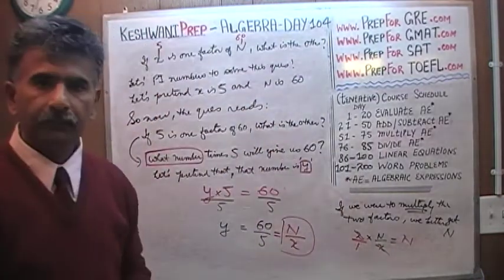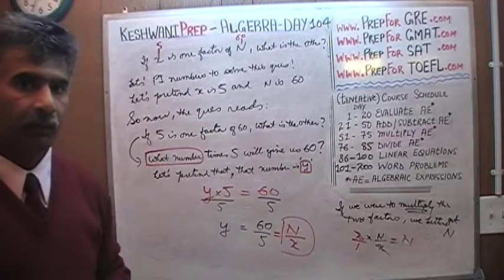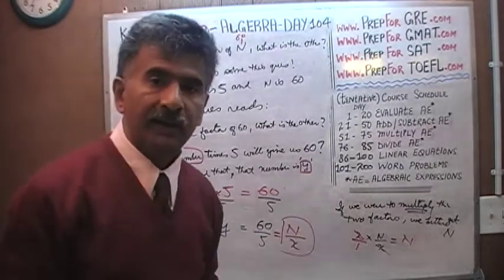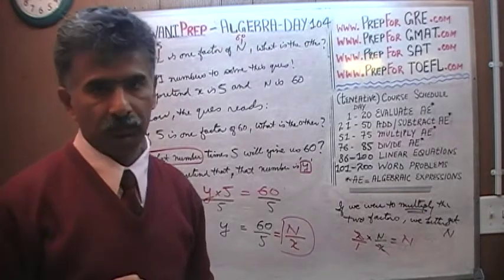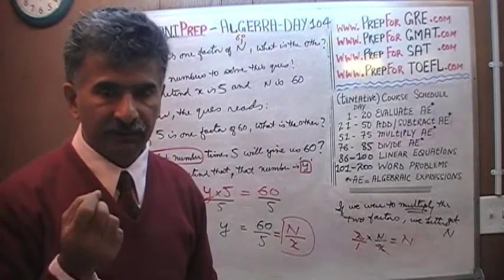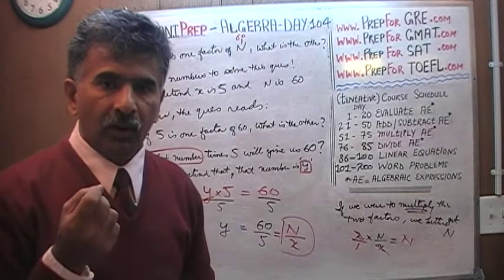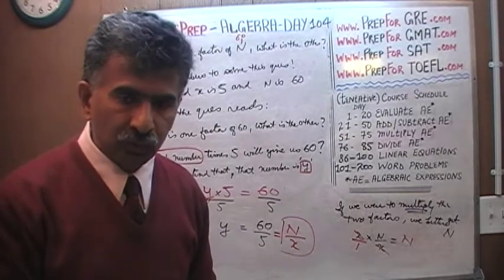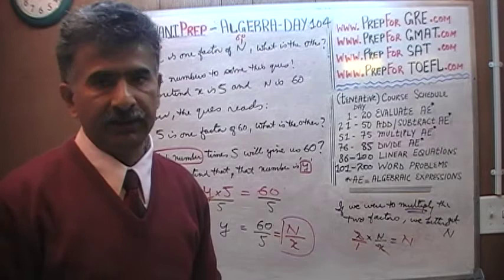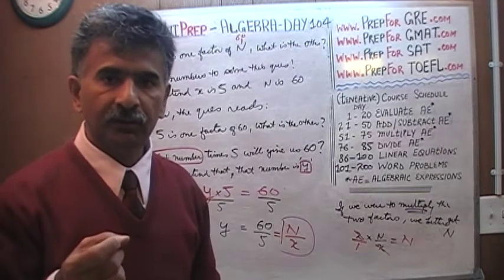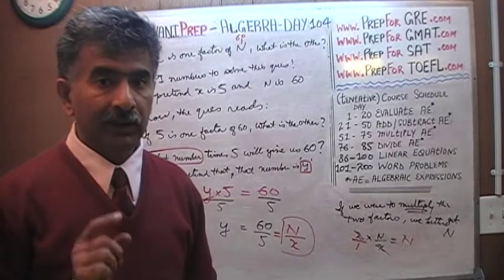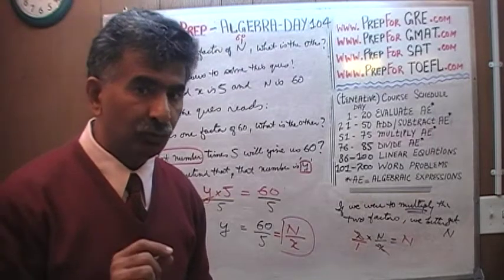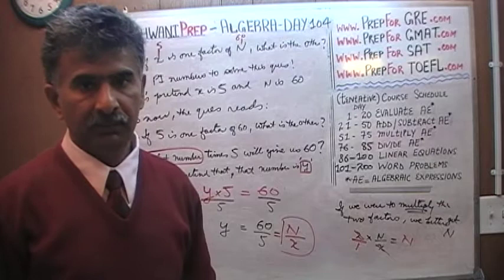Voila! And that is the difference between this question and the one we did yesterday, because here they are factors. We need to multiply the two parts in order to get the whole. If one factor of 6 is 2, then the other factor is 3, because 2 times 3 gives us 6. That is not the same as asking if one part of 6 is 2, what is the other part?